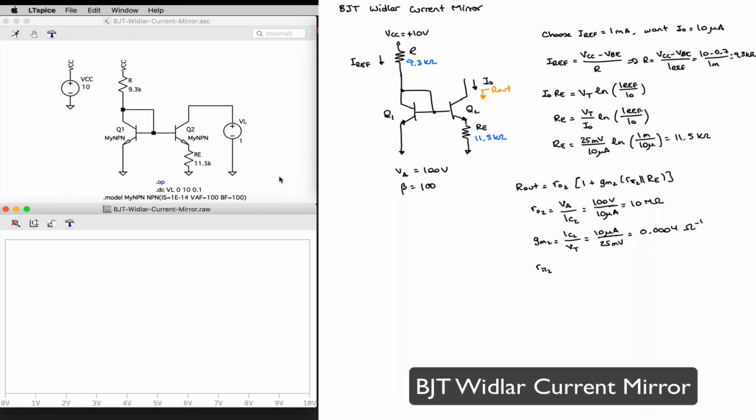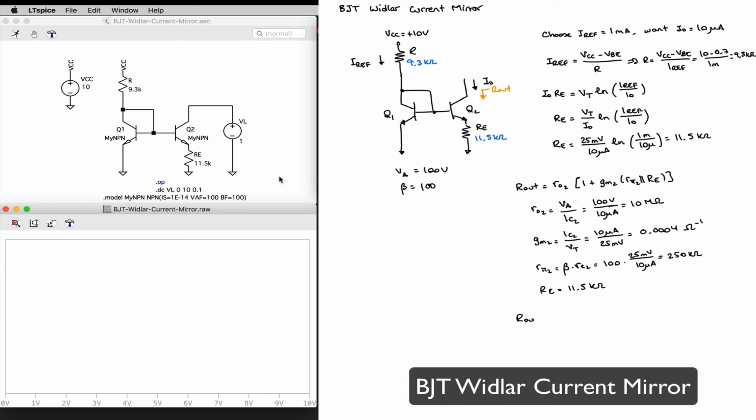rπ2 is going to be beta times little re2, or beta divided by gm2, which will be 100 times VT, which is 25 millivolts, divided by 10 microamps, which is 250 kilohms, and RE is just 11.5 kilohms.